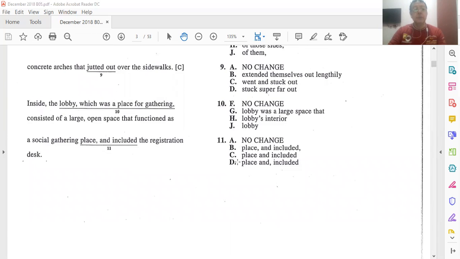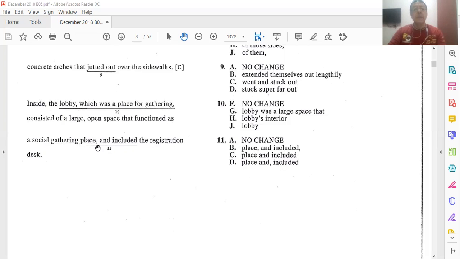Moving on to number 11, as a social gathering place, all right, and included the registration desk. So, social gathering place, comma, and included the registration. Okay. So he's talking about again the lobby. He says the lobby consisted of a large open space that functioned as a social gathering place and included the registration.